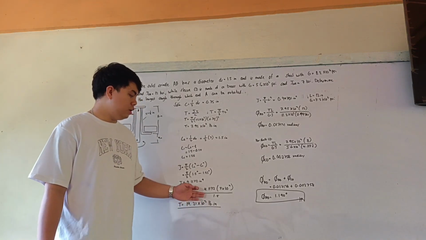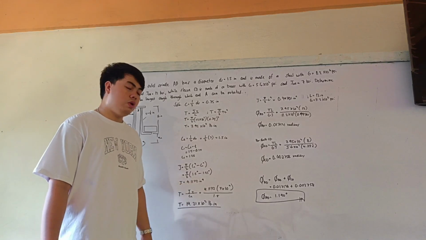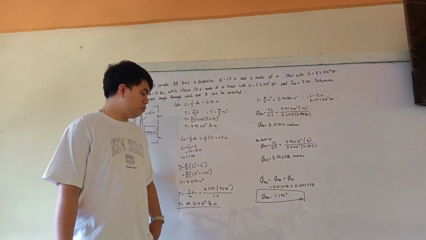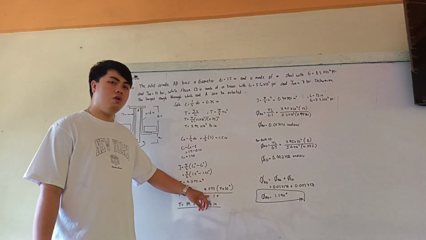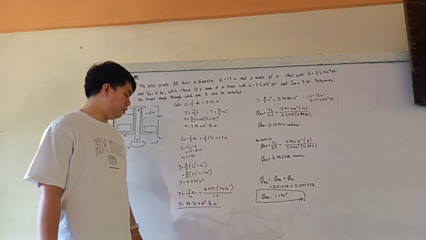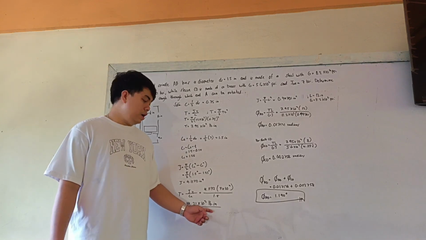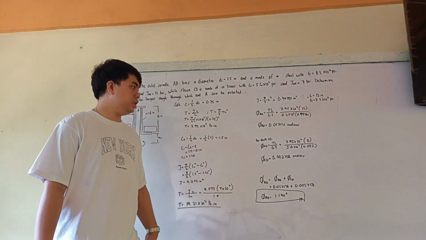So we have 4.1172 times 7 times 10 to the power 3 all over 1.5. So we have T is equal to 19.21 times 10 to the power 3 pound inches.